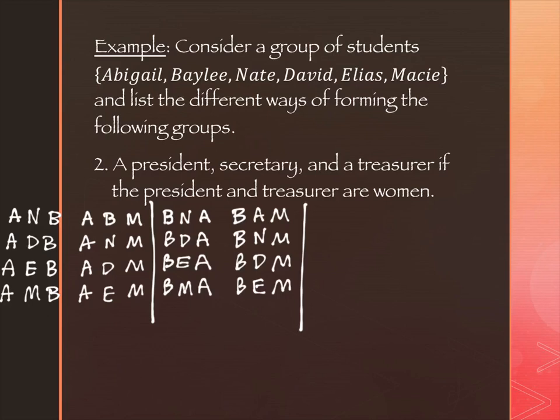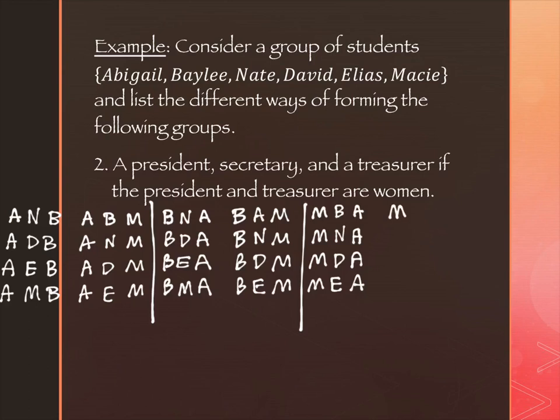Okay, so I can do Macy and Abigail, right? From looking from left to right, that's the first option, Macy, Abigail on all of those. Let's try that again. And then left to right, I would have Bailey, Nate, David, Elias.